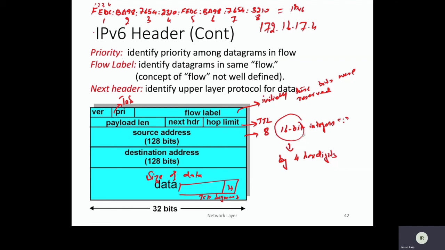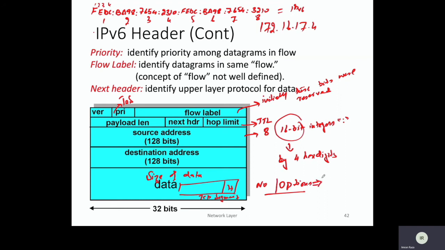Okay, so we can also note here that there is no options field in this IP version 6. So we have no options field. So that's why its header length is fixed. But the option field is not completely eliminated. We can still have this option field, but outside the header, and this is indicated by the next header. We can have this option field if we want, right?